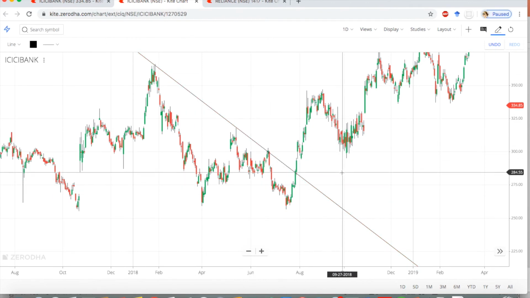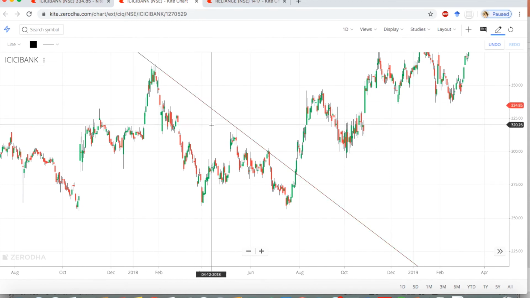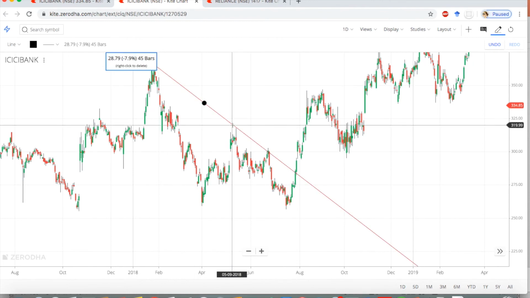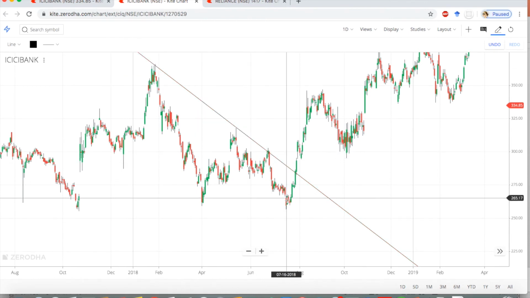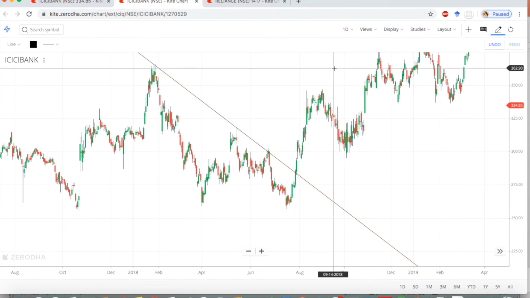Clear? Most important is to identify the breakout on the resistance line and trend line and try to enter at this point. For example, we have drawn this trend line. This breakout, it came back, this breakout is done, so I will buy here. In the same way in Reliance also.